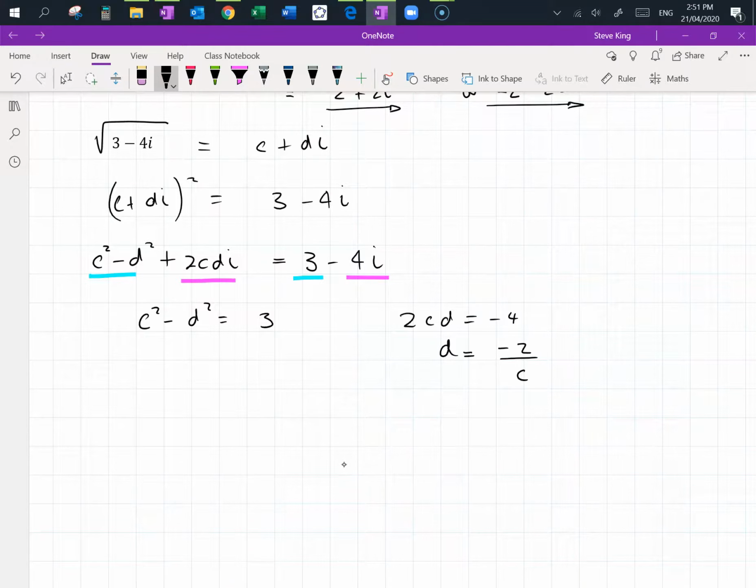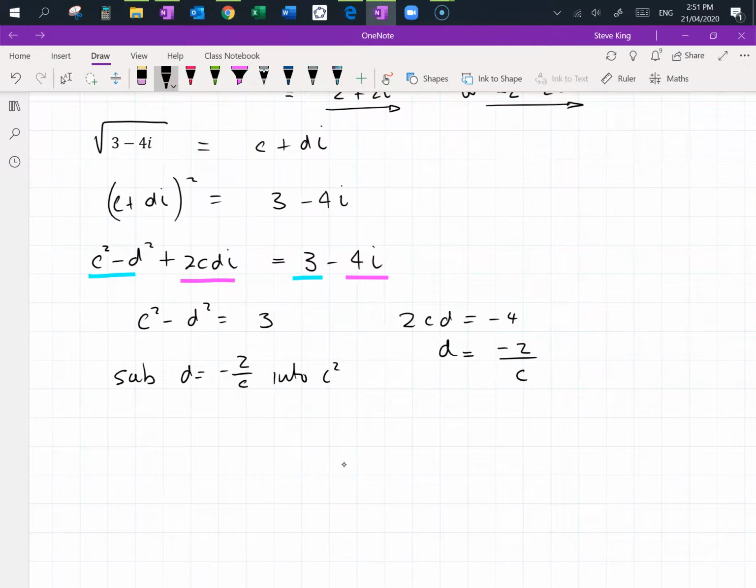I divide both sides by 2c, and I then substitute d is equal to minus 2 over c into my equation c squared minus d squared equals 3. That leaves me with c squared minus 4 over c squared is equal to 3.